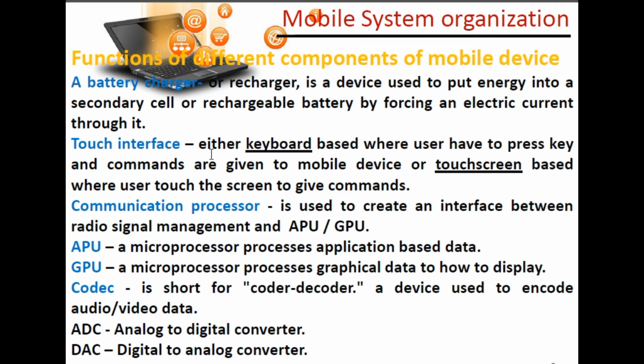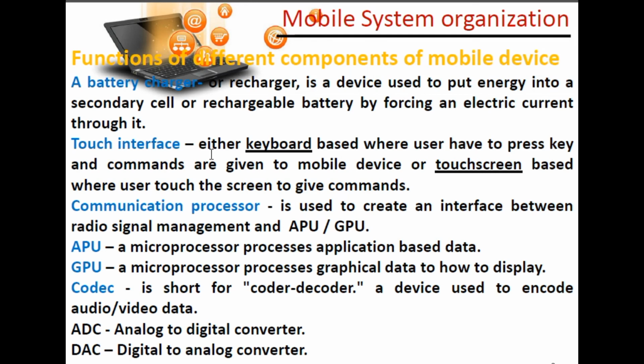Here P stands for processing. So the APU is also a microprocessor, student, that works on application-based data, on the basis of applications like WhatsApp, Messenger, etc. The GPU is also a microprocessor. It handles graphical data, how to display, so it controls how your display will show information. Suppose you are playing a game, it will control all the graphical responsibility.